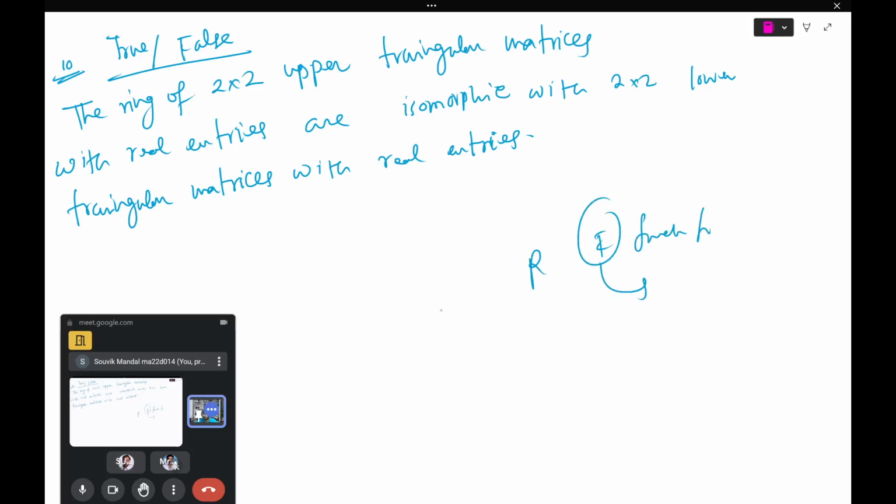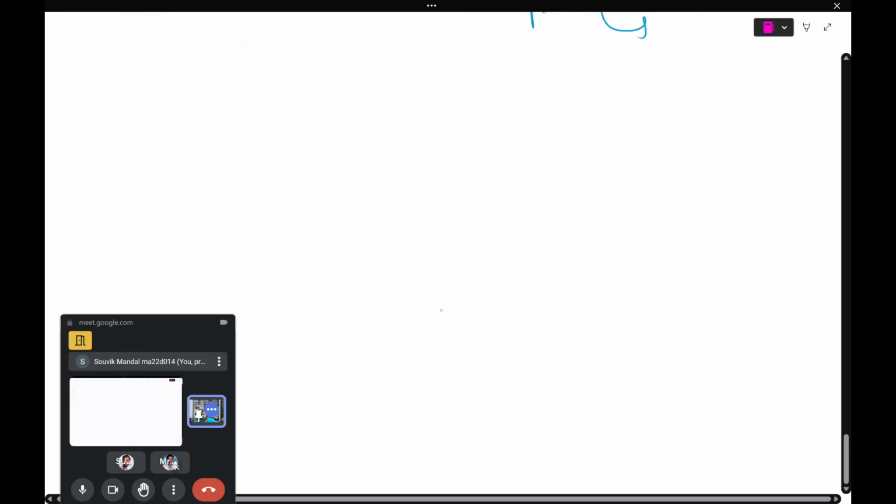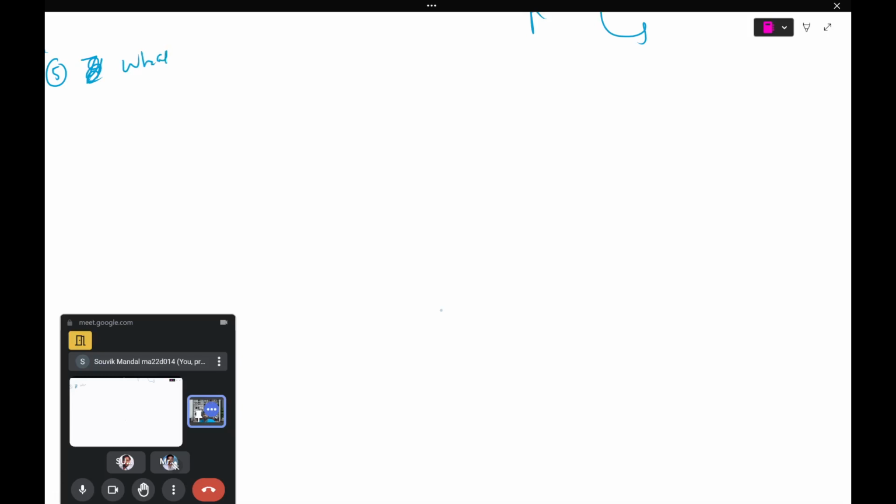The elements are a b inverse, where a and b are from R. Yes, it's right. Okay.